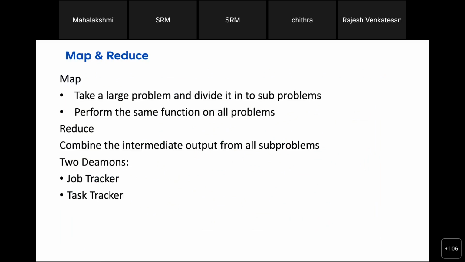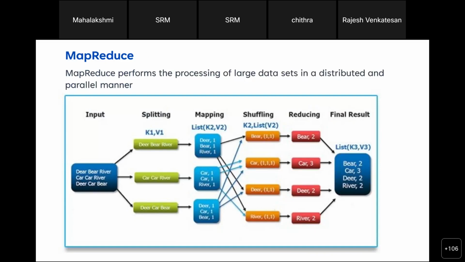This will be understood properly through this image, where we have one input over here. First of all, we split the input into key and value pairs. We split it into three parts. Consider this as data node 1, this as data node 2, and this as data node 3.